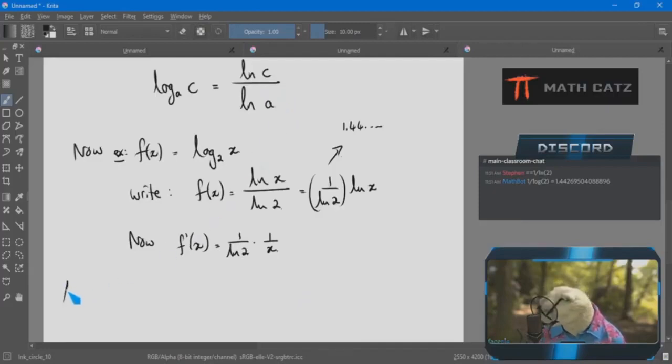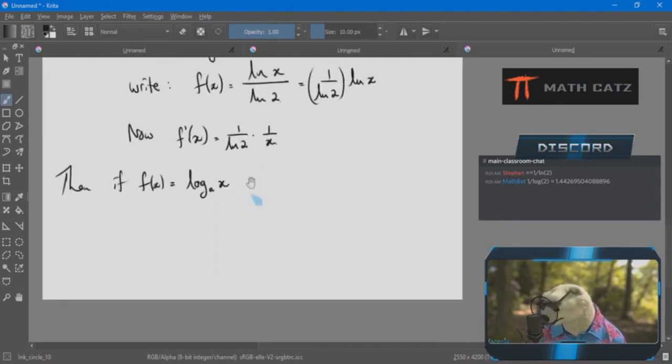So then in general, if my function is any base, a of x, not necessarily a 2, I personally don't memorize this.